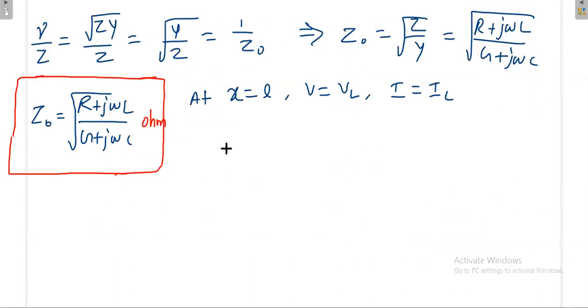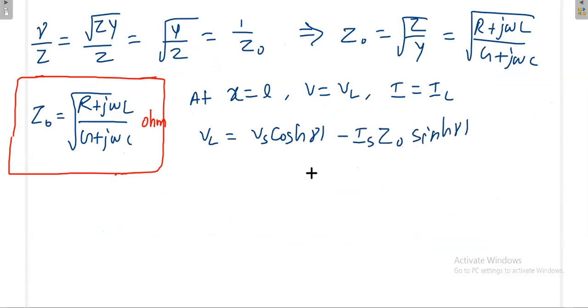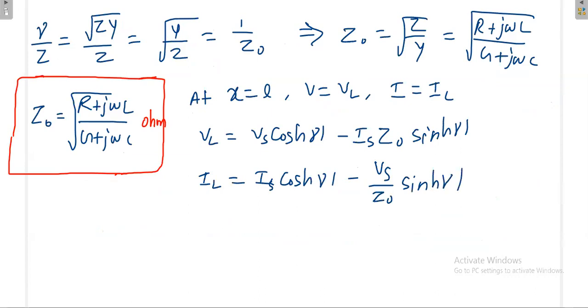Then you get the equation like this: VL is equal to Vs cosh gamma L minus Is Z naught sinh gamma L. Similarly, IL is equal to Is cosh gamma L minus Vs divided by Z naught sinh gamma L.